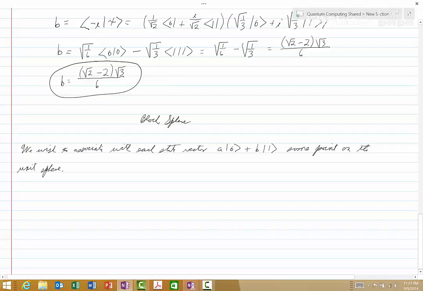Now we're talking about the sphere, again, it's the unit sphere, so this is a sphere of radius 1.